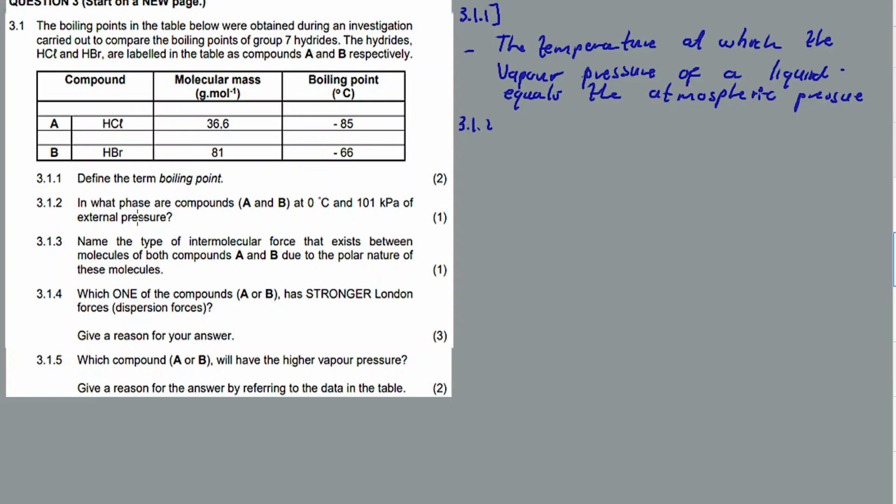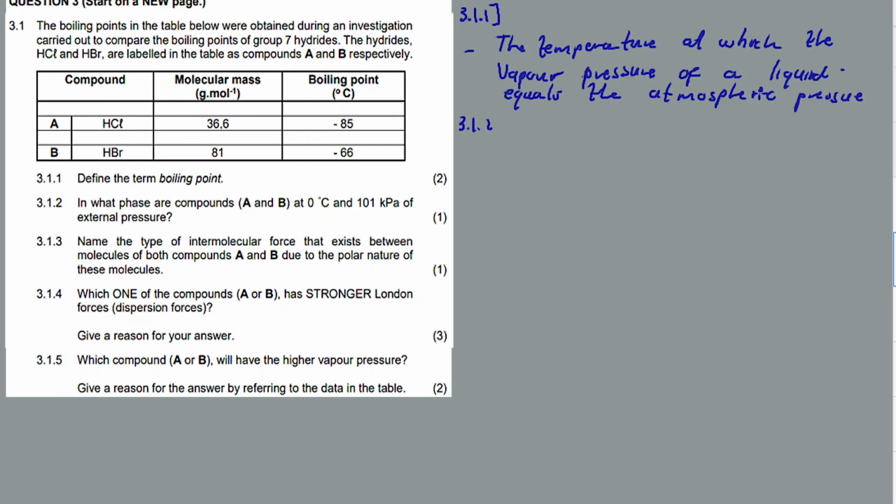3.1.2. In which phase are compounds A and B at 0 degrees and 101 kilopascal of external pressure? So this is the temperature and pressure, STP. At STP, what's going to be the phase of compounds A and B?